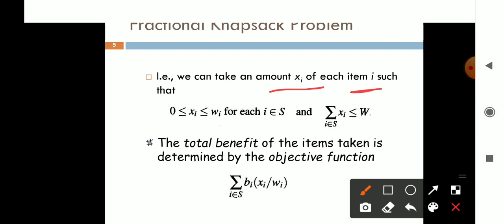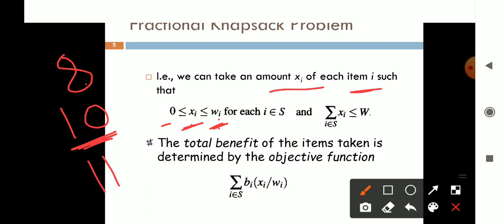Here for item i, xi should be in the limit 0 to wi, where wi is the weight of the object. Suppose the weight of the object is 10 and I am choosing 8, it is allowed. 8 is xi here and wi is 10. Suppose wi is equal to 10 and I want an amount of 11, it is not allowed.